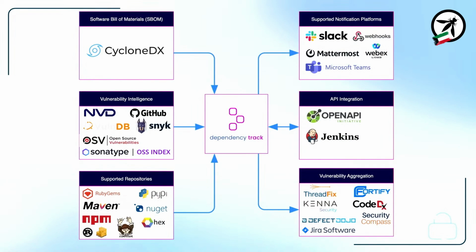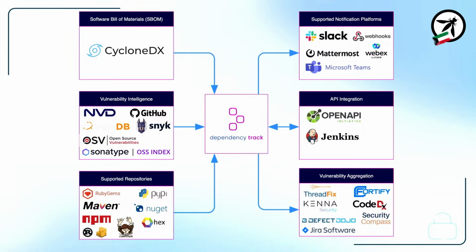This is the ecosystem that can be built. Dependency-Track can consume or generate CycloneDX BOMs, and consume and produce VEX, Vulnerability Exploitability Exchange.